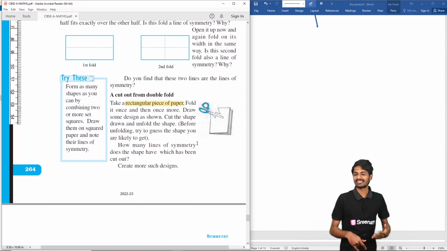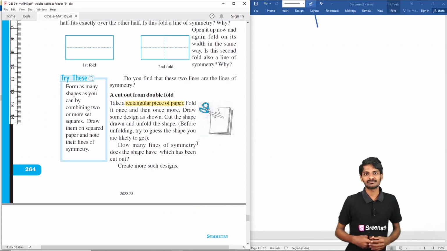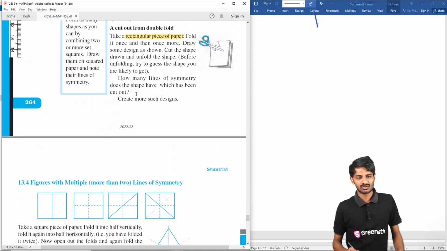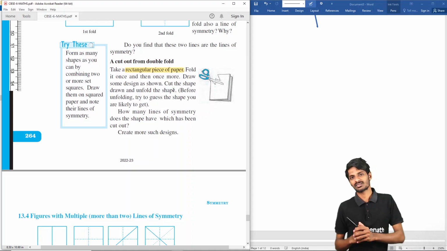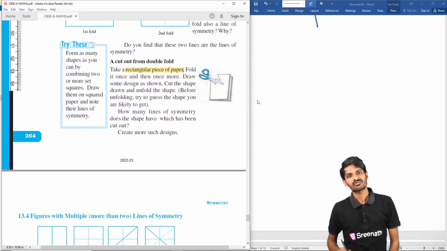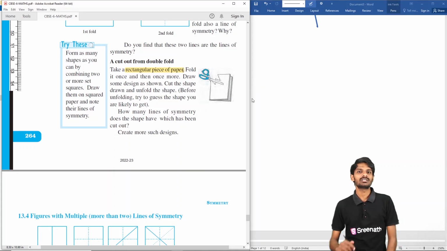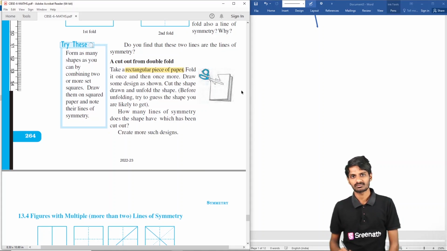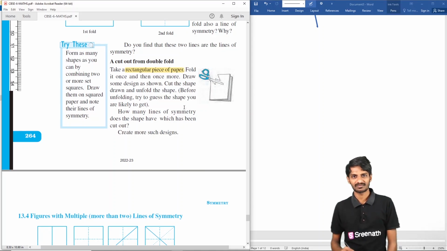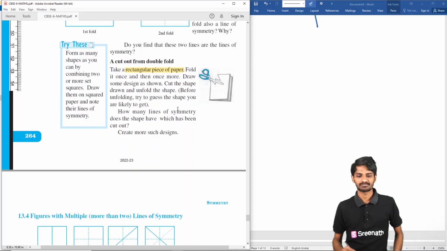What you will observe, really you will see some beauty. So try to do this task, students, and after observing it, try to tell how many lines of symmetry you have in that picture. Surely you will have two lines of symmetry for that picture. How many lines, students? Two lines of symmetry. Try to find them.